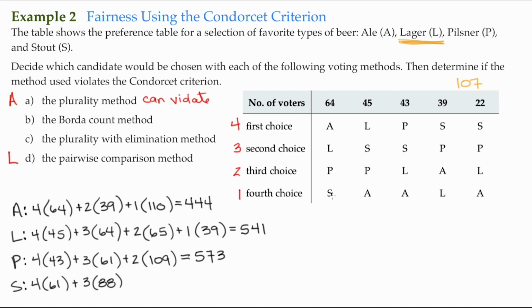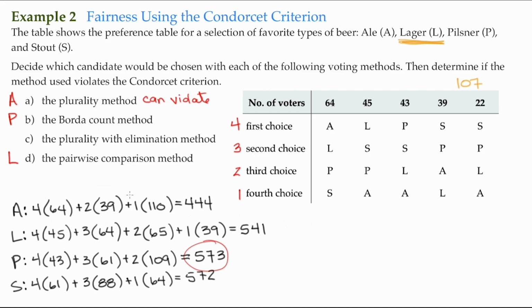And then 64 for fourth choice. We go ahead and tally it all up, and this comes out to be 572 points. Whoa, look at that. So the winner here is Pilsner. Pilsner has the highest number of points. So Pilsner wins using the Borda count method.